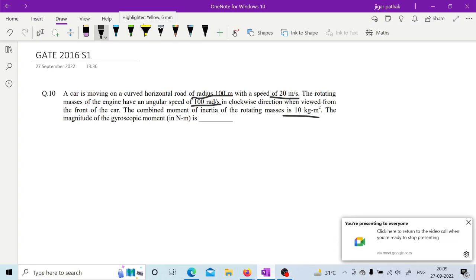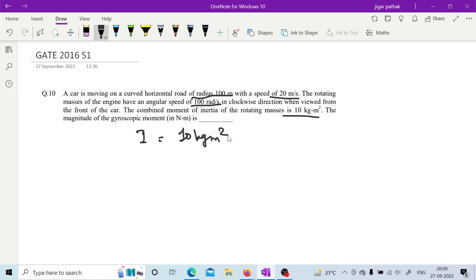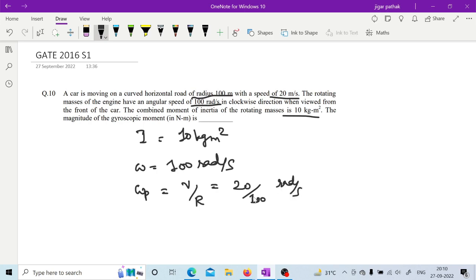Whoever has got the answer, what is given is I as 10 kg meter square, omega as 100 radian per second, and omega p will be V by R. V is given as 20 and R is given as 100, so it will be 20 by 100 radian per second.